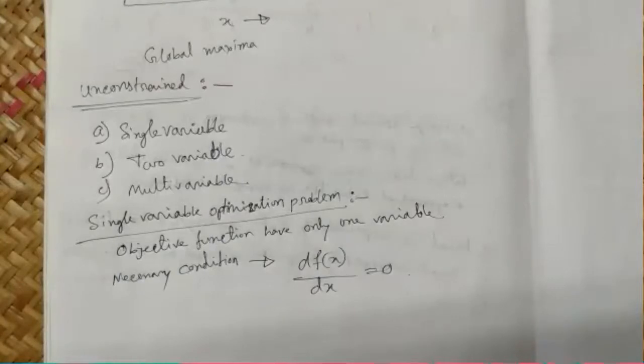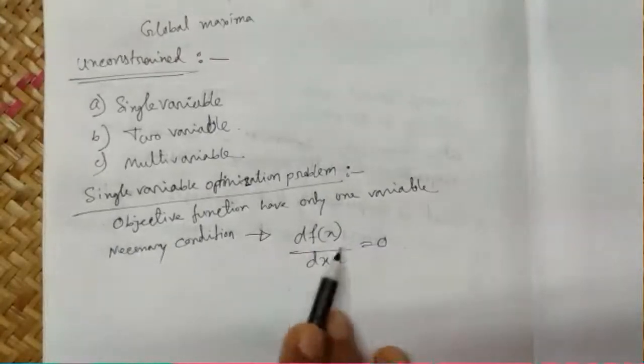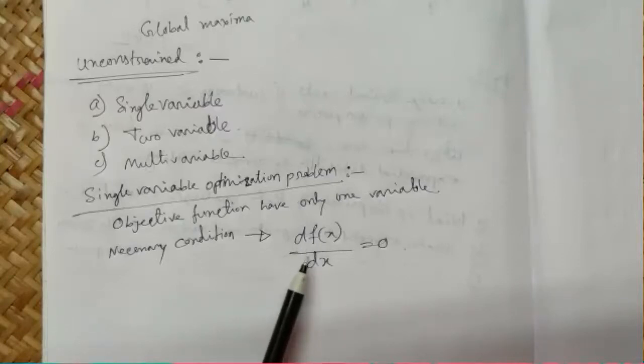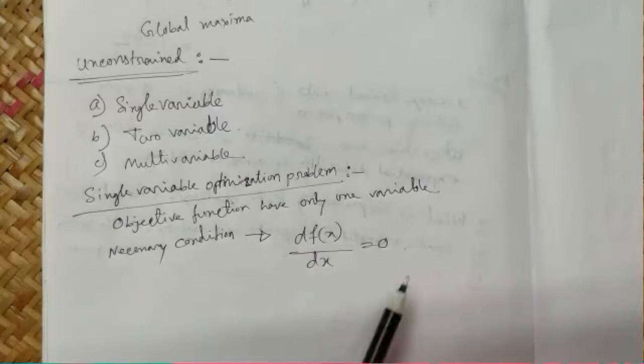So if we do not find df(x)/dx equal to 0 at any of the points, then that problem will not have any extreme points, so it will denote a straight line. If we find df(x)/dx equal to 0, that means it will have one, or maybe more than one, extreme points.